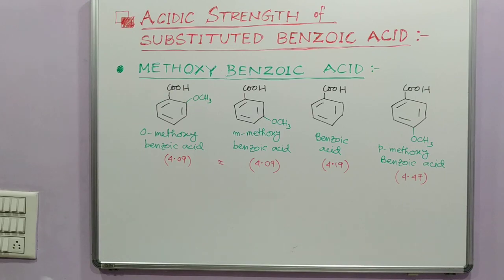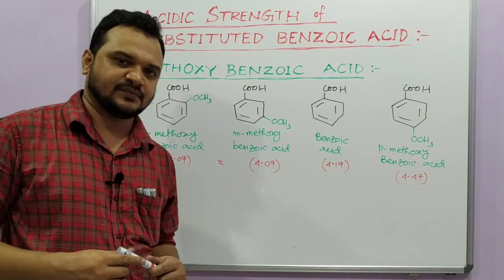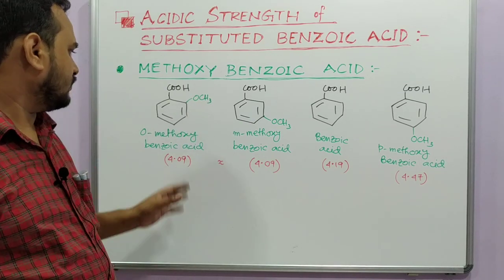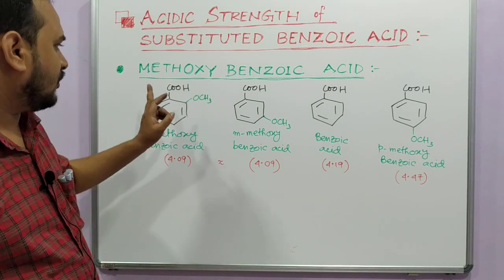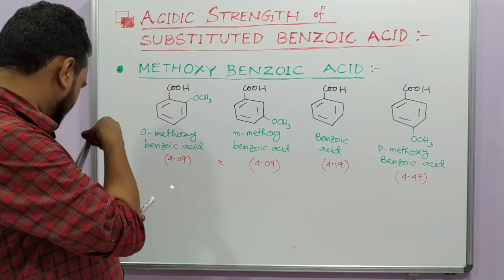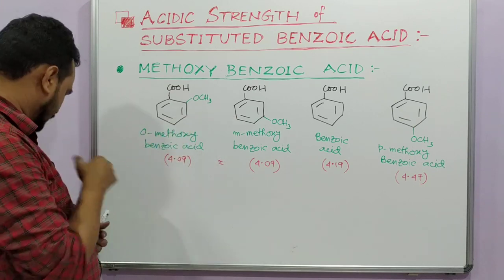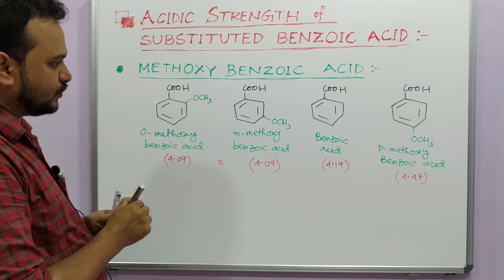Now in this example, the substituent is the methoxy group OCH3, and again just applying the same rule, because of ortho effect, the orthomethoxybenzoic acid should be the most acidic. However, experimentally it is shown that orthomethoxy and metamethoxy are almost equally strong.